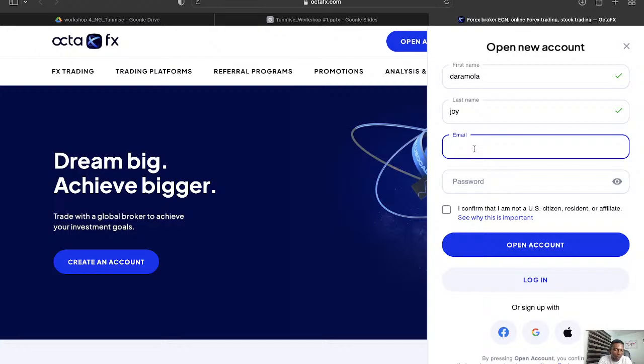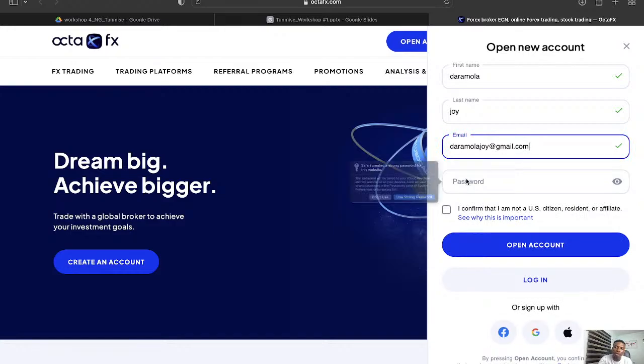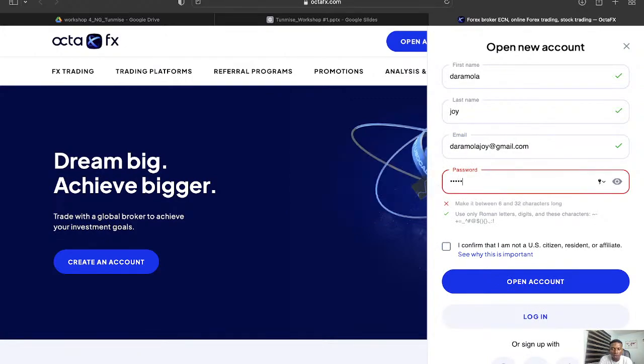Once you input your email, say Daramola Joy at gmail.com, you then put in your password, say Dara Joy 982. Then we click on confirm, and then we click open an account.